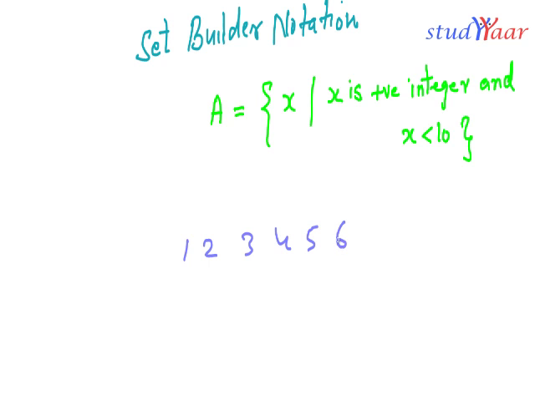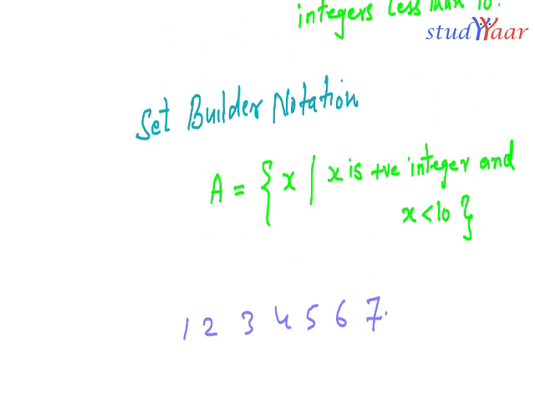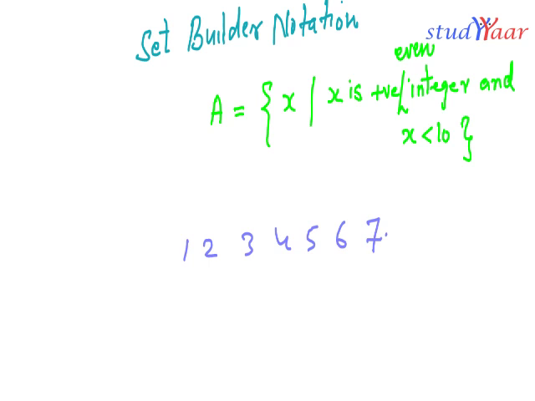Let us call it a positive even integer so that we do not change the definition of this set. X is a positive even integer. So now my X is something like this: 2, 4, 6, 8, 10, 12, 14.